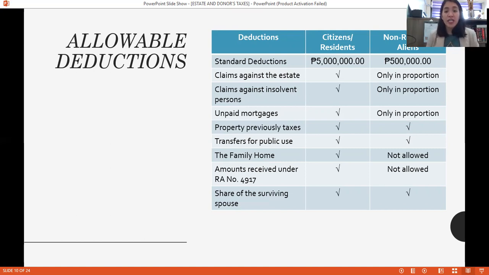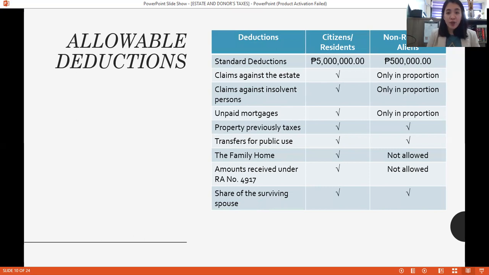And dapat yung value ng property or ng claim, it must also be included as part of the gross estate para later on sa baba, i-deduct natin siya. Meaning to say, yung claims against insolvent person, kasali ito sa gross estate, kasali din siya sa allowable deduction. Parang offsetting lang.